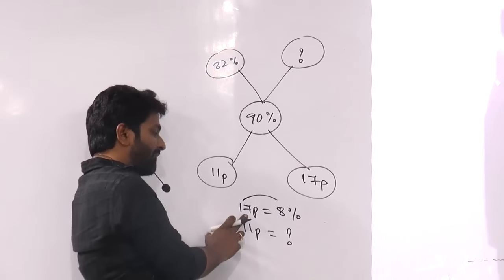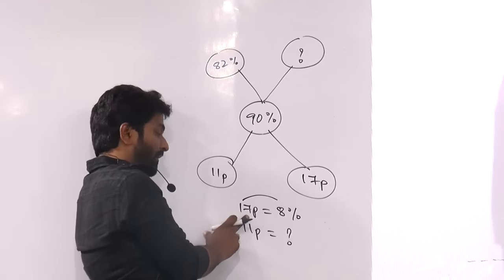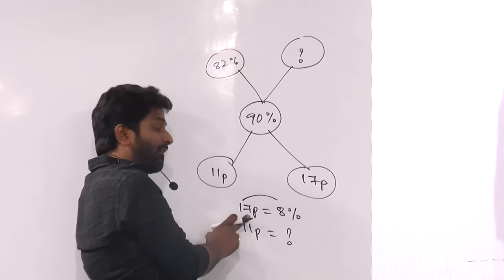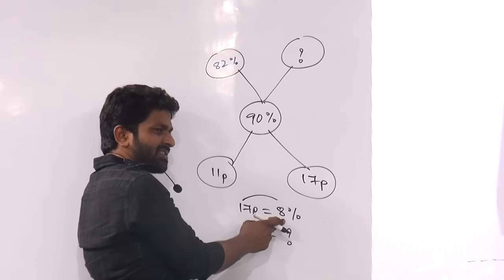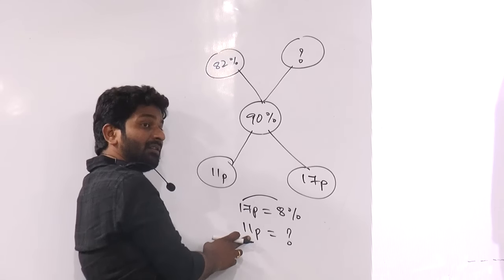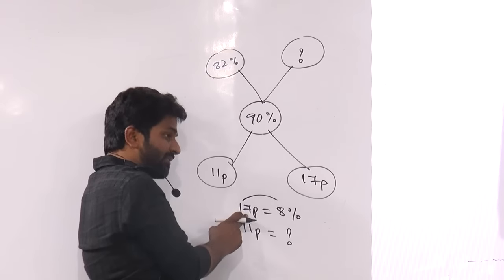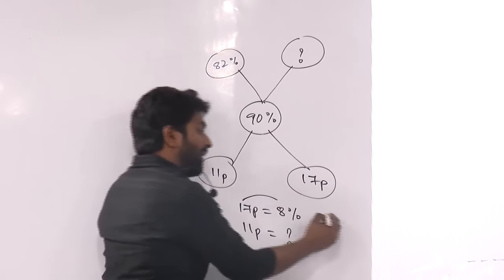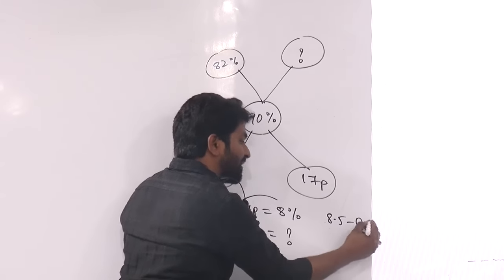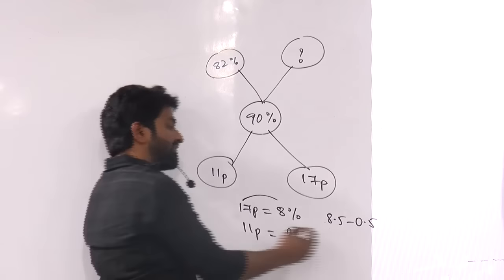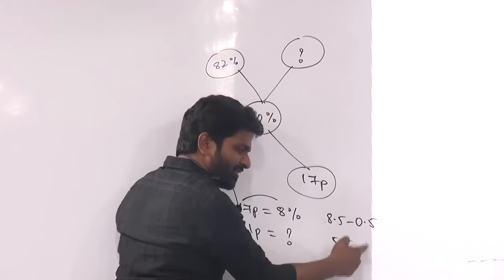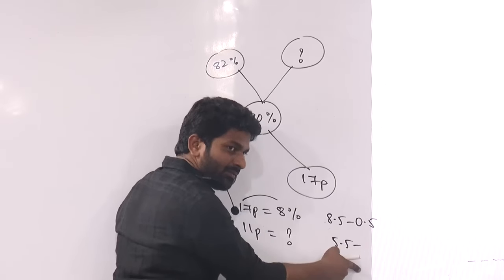Let me verify it. Half of this number, 8 and a half, is less than that. Half of this number is 5.5. So here half of this number is 8 and a half. From 8 and a half you are going to subtract 0.5. Half of this number is 5.5. Do you need to subtract 0.5 or less than that number?